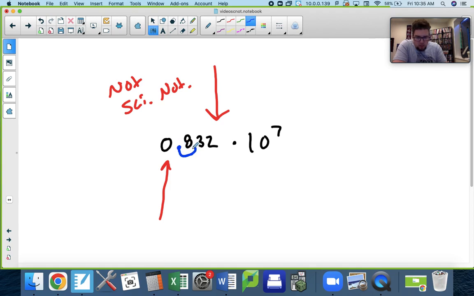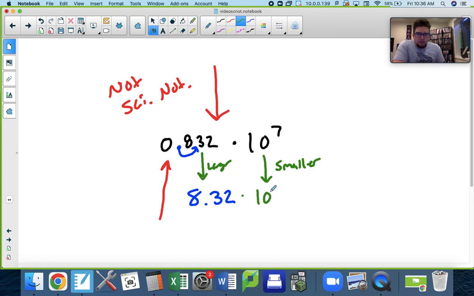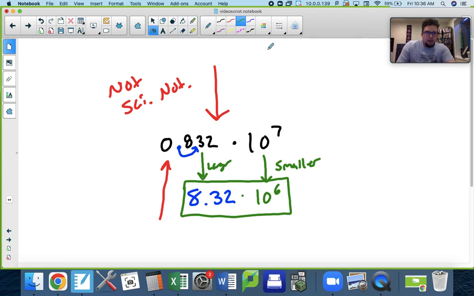We're going to move it 1 spot to the right, and we now have 8.32. But since this number got larger, our power of 10 has to get smaller to make sure everything stays balanced. And that's 10 to the 6th. This would be your final answer if you were not in scientific notation to start with. And that's dividing scientific notation.